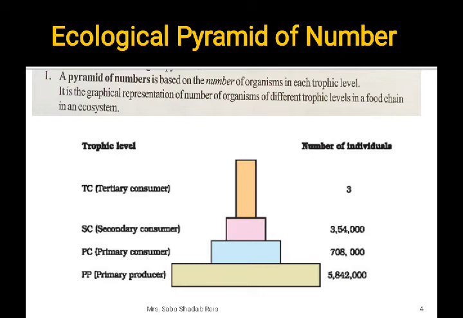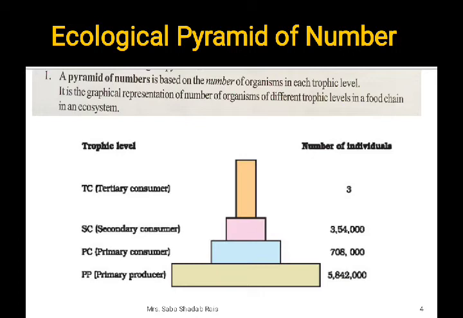So on the basis of the trophic level, this pyramid has been produced according to how many organisms each trophic level has. It is a graphical representation of the number of organisms of different trophic levels in the food chain in the ecosystem. We have already learned about the food chain.